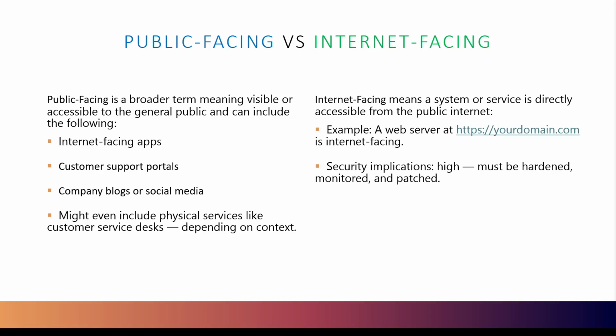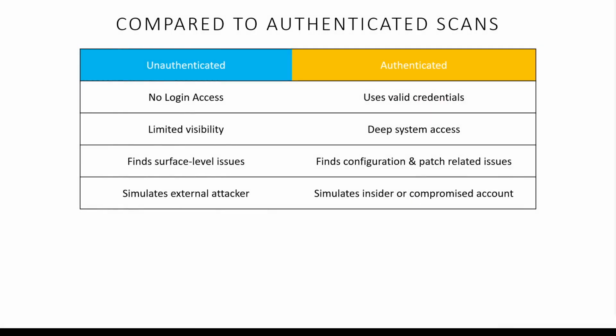Now, even though we're not looking at authenticated scans, I wanted to compare the unauthenticated with authenticated scans to give you a brief idea before we jump into them in the next video. So an authenticated scan uses valid credentials, so actual login information, whereas the unauthenticated has no login access whatsoever.